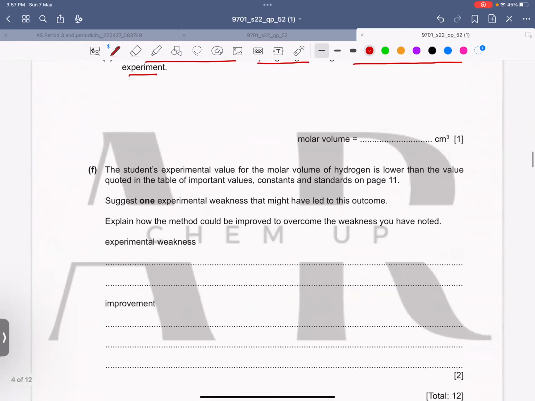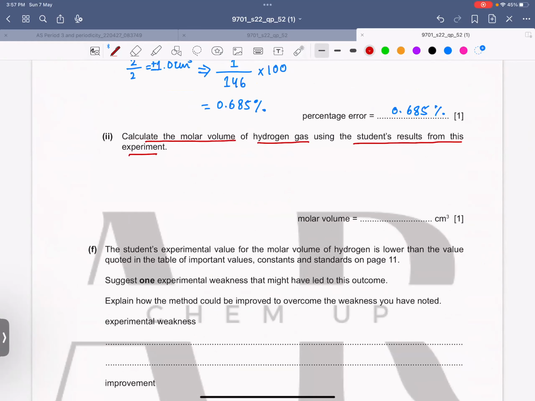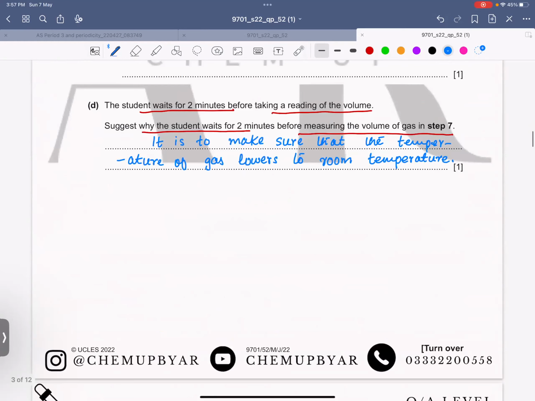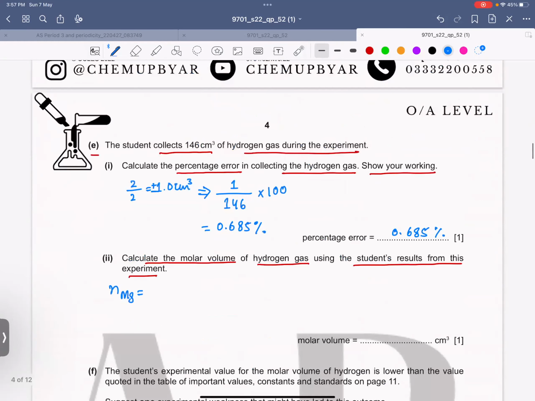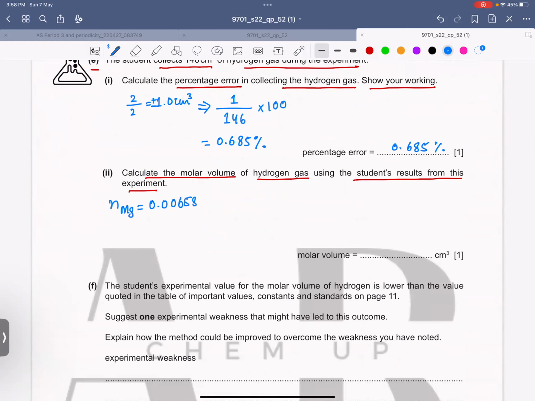So the moles of magnesium are 0.00658, and if we take the ratio between magnesium and hydrogen, we have seen in the equation it is 1:1, right?